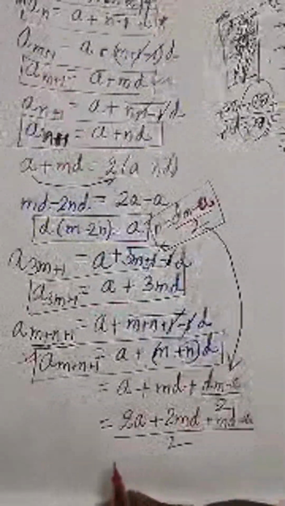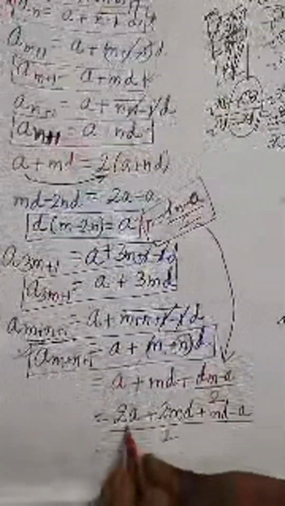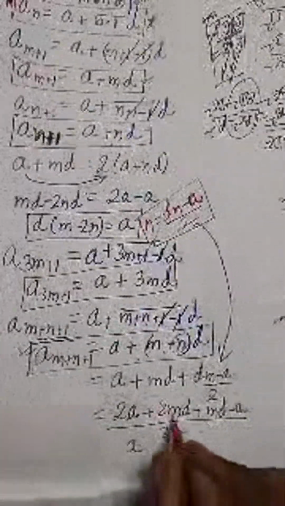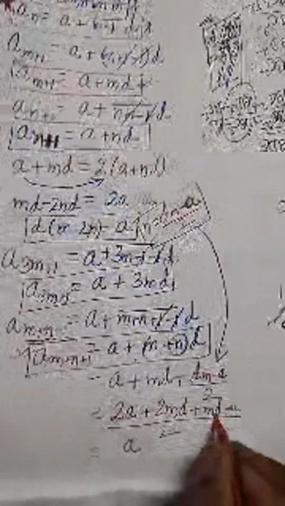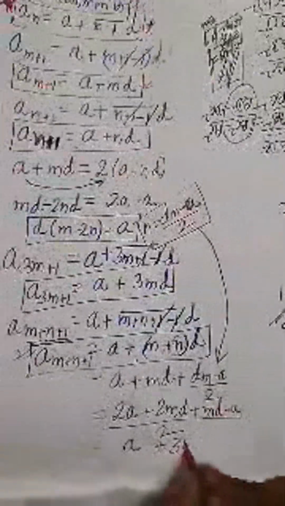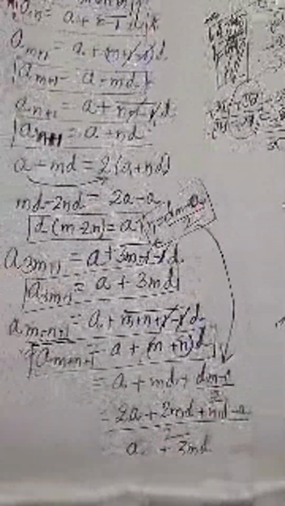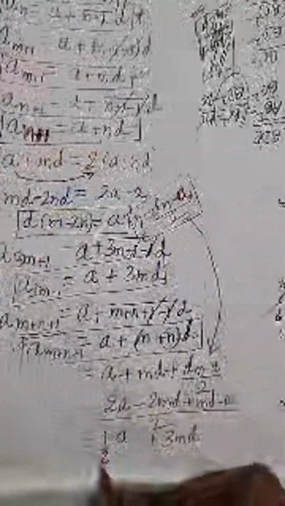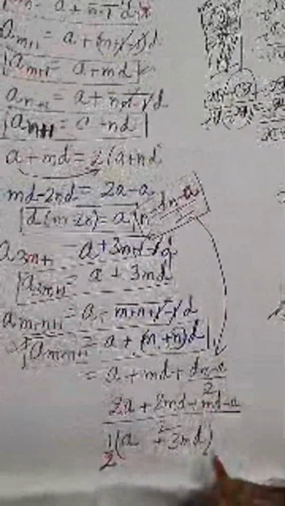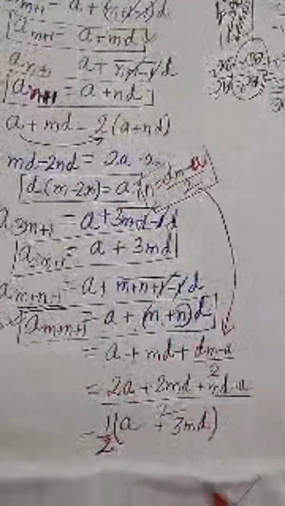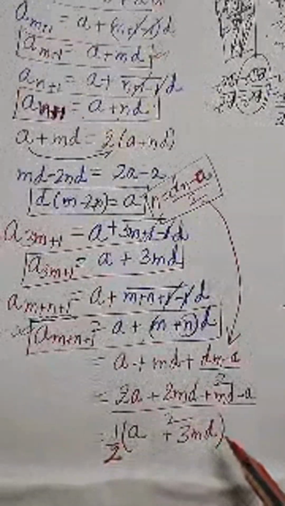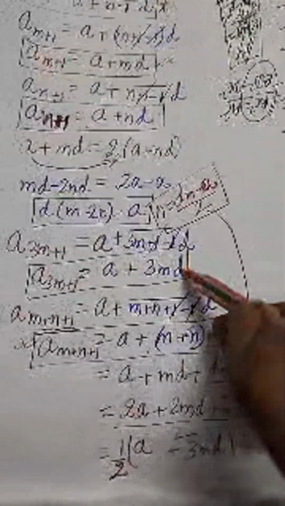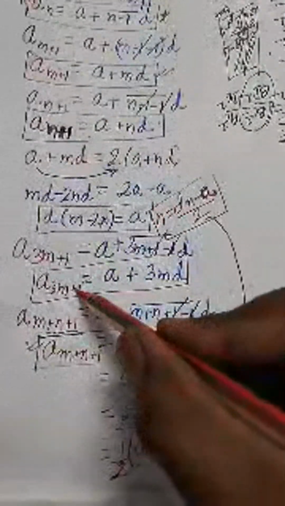This will finally give you, 2a minus a will be a, 2md plus md will be 3md, whole divided by 2, or we can take 2 as common outside the bracket and write it like this: 1 by 2 times a plus 3md. So what is the value of a plus 3md? A plus 3md is the 3m plus 1th term, right?